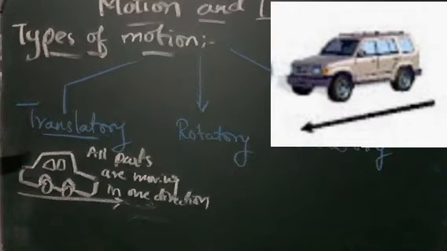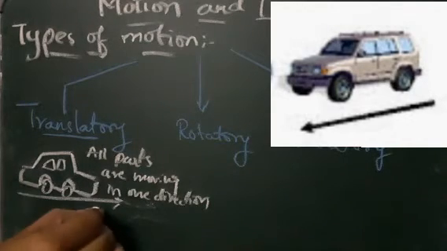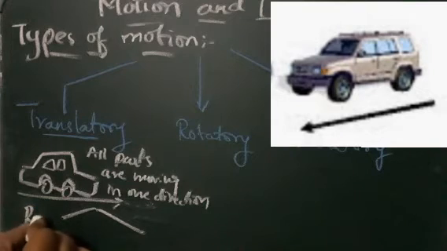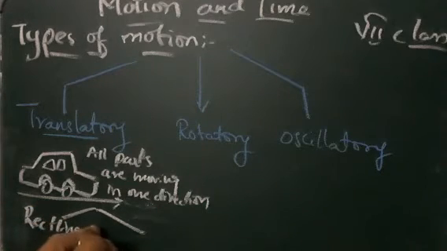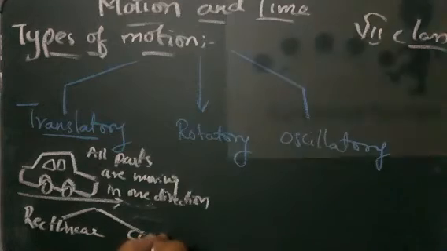All the parts of the body move in the direction of the motion, then the motion is said to be translatory motion. Then this motion is again of two types. First is rectilinear motion and second is curvilinear motion.